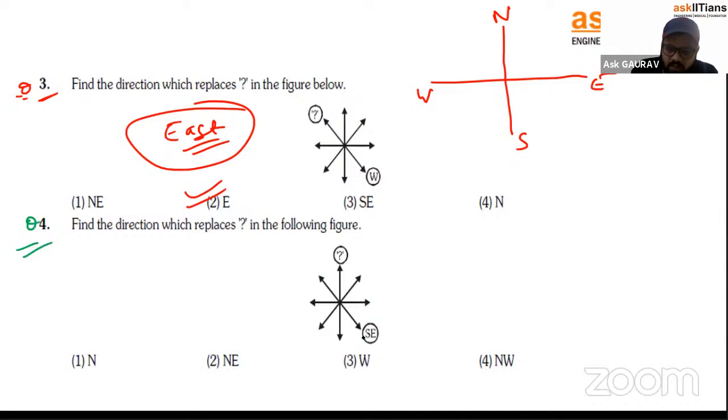If this is southeast, yes, it will be north. This is south, this is east, this is west, and this will be north. This is the same standard diagram. So the question mark will be north, right?